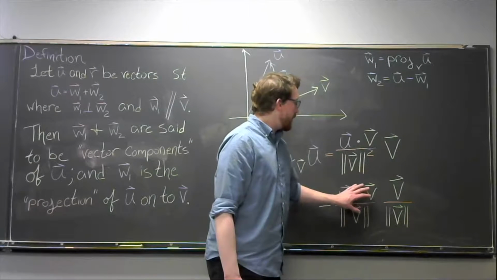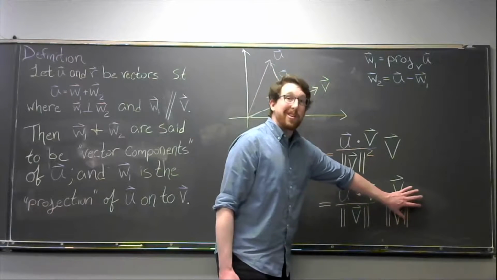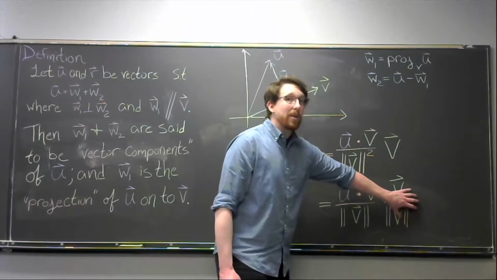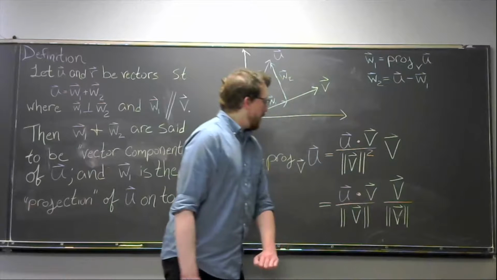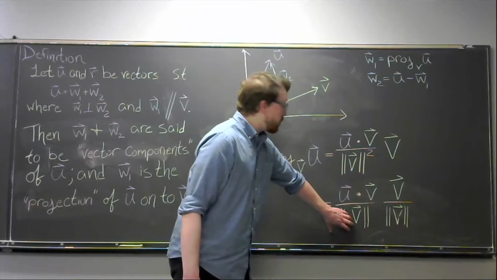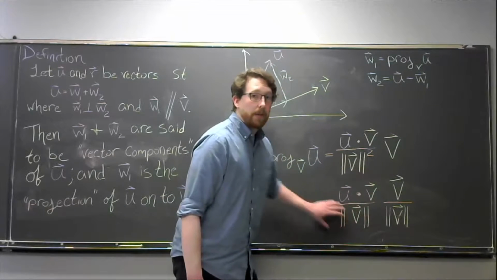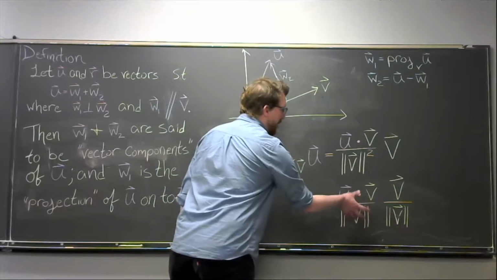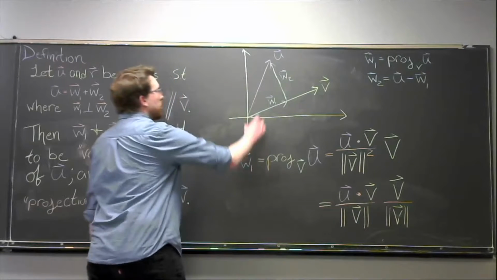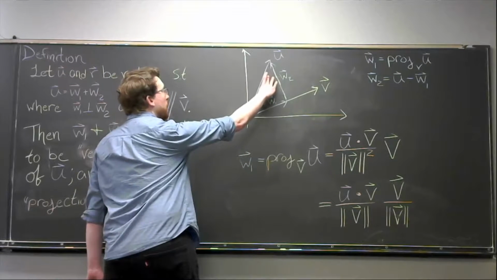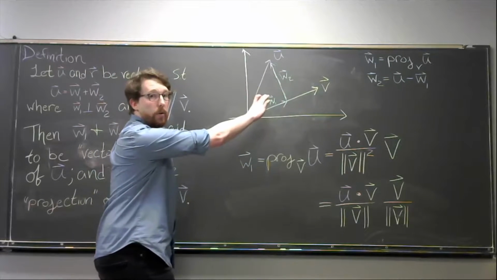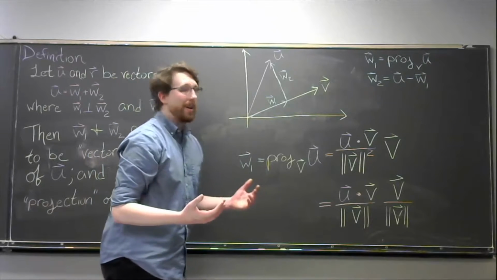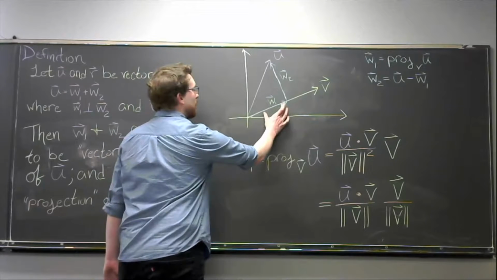And what it's telling us is that we want to take a unit vector in the direction of v, and we want to stretch or shrink it by this much. So what does this tell us? This here is the relationship of how much of u, what magnitude of u, is in the direction of v. That's all it is. It's telling us the length of this shadow right here.